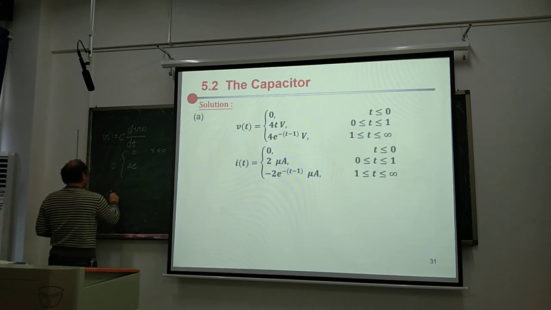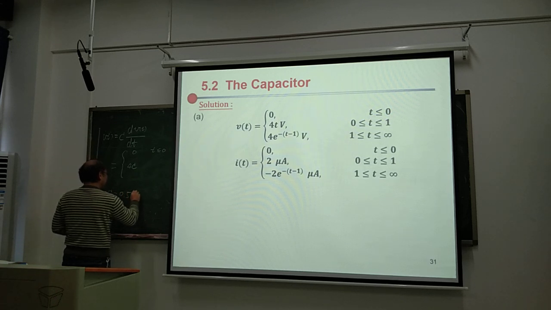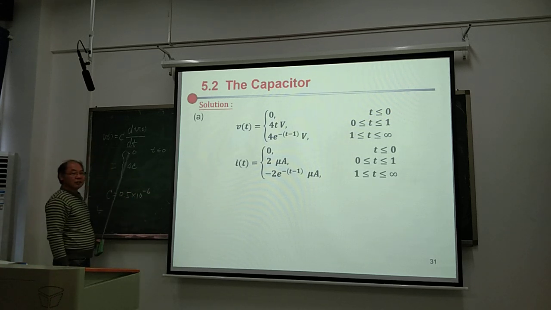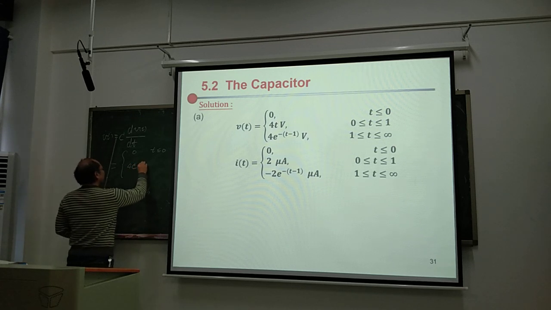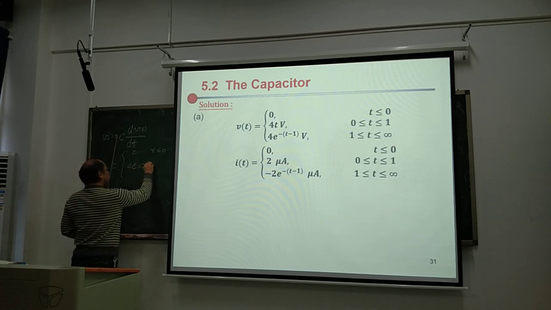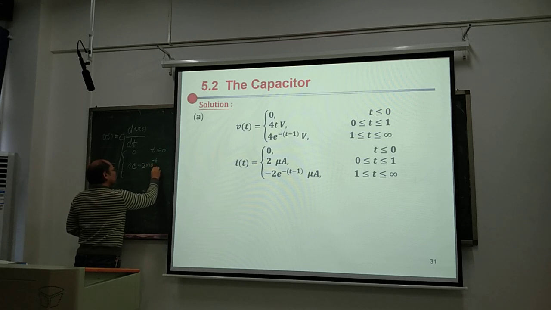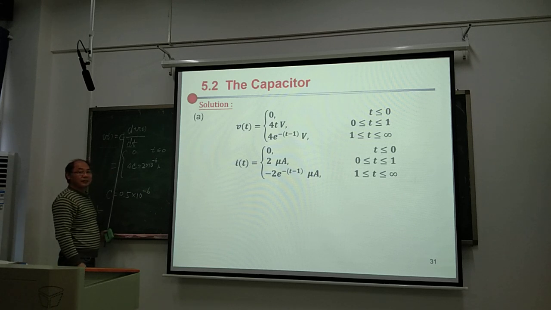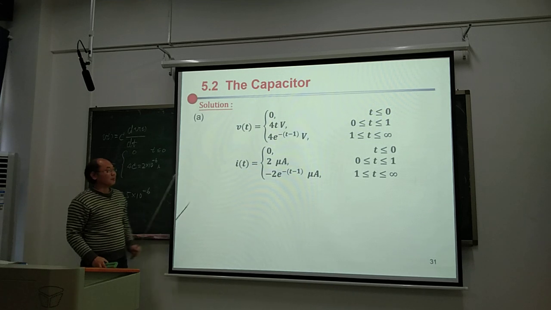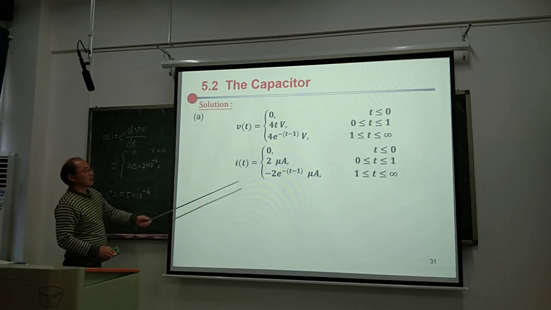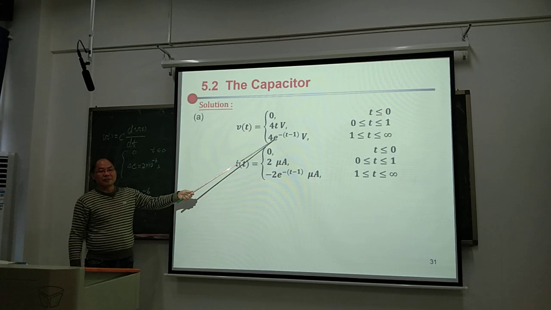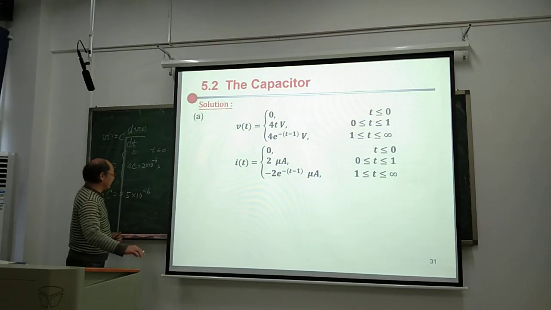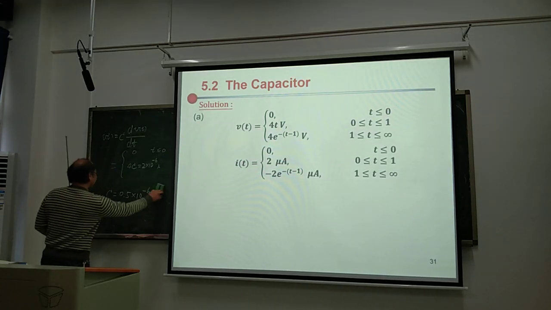So we get 2 times, and the unit is microamps. So we can write it this way. And the third part, how is the difference? It's going to be 2. That's the difference.